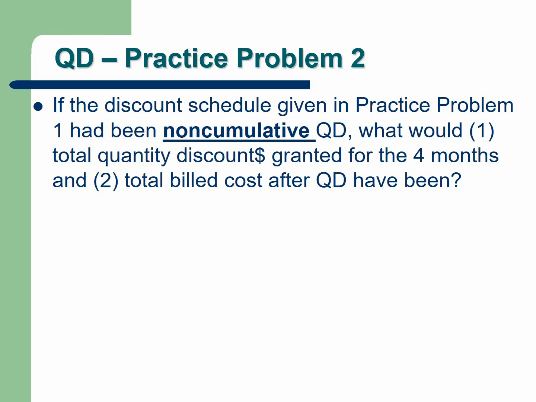And for those orders that are eligible to get quantity discounts, you're going to have to calculate quantity discounts. And as a result, what would be the total build cost the buyer ends up paying for all 4 orders? That's the question. So let's work on this, but let's pause the video.